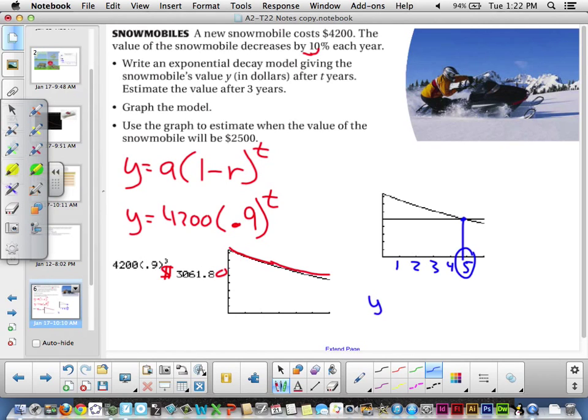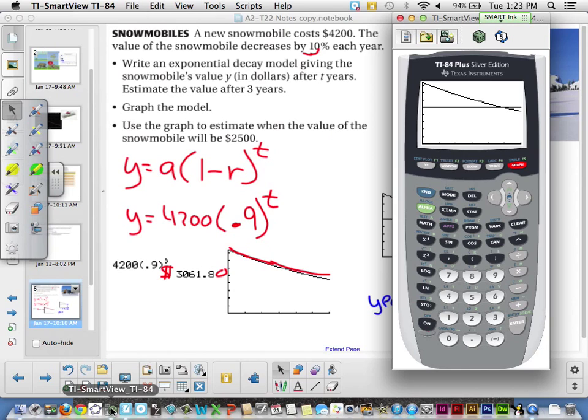So after year 5, the snowmobile will be worth about $2,500. To be a little bit more exact, if you know how to use a calculator, you can do a second trace and find the intersection of those two graphs. I just hit enter 3 times and it says x equals 4.9. 5 is a very accurate estimate.